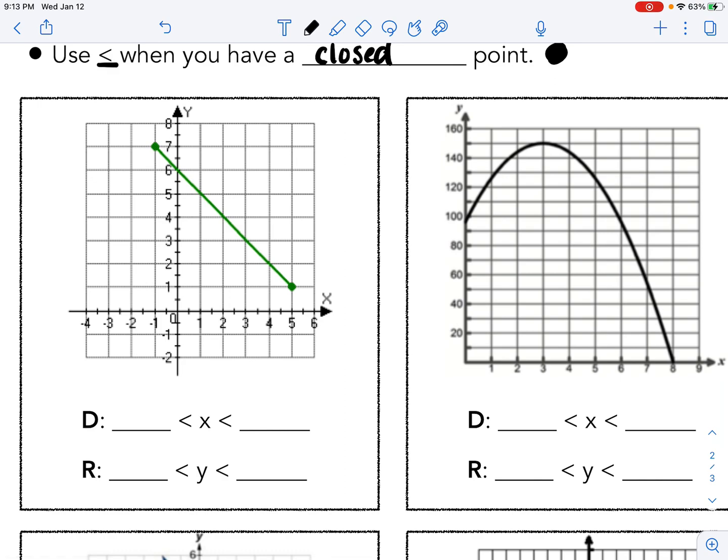this first graph, I'm looking all the way to the left of the graph. And I see that this point right here, this end point, is the farthest to the left I'm going to go. So that x value right there is at -1.